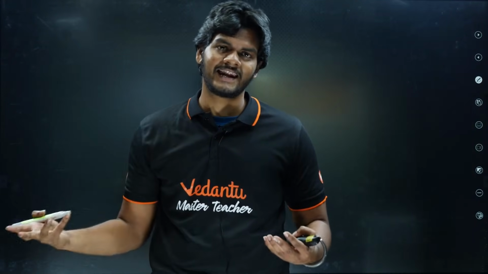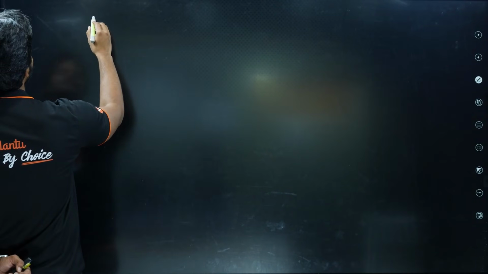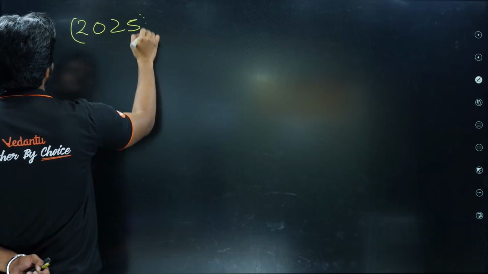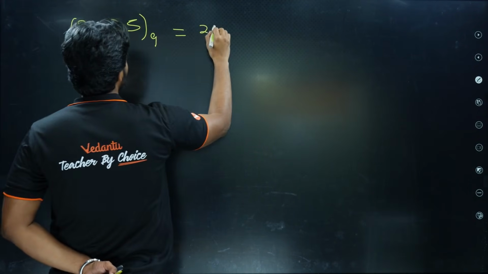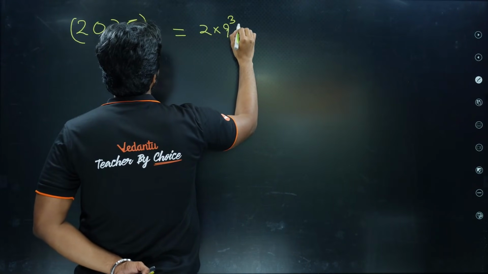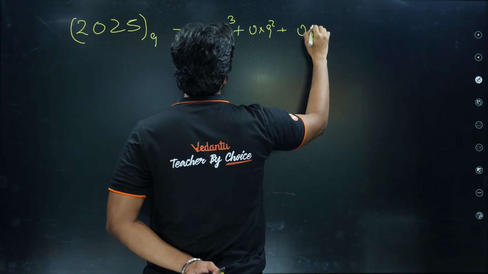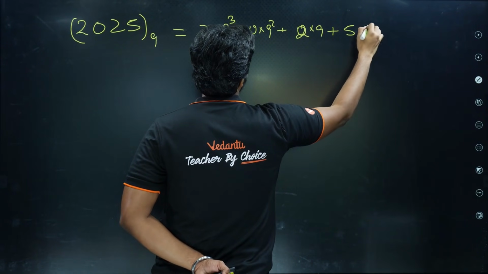So that's how we convert any number from base A to base B, any base B to base 10. So if I have any number, 2025 base 9 is what? It is simply 2 into 9 cube plus 0 into 9 square plus 2 into 9 plus 5 into 9 power 0.